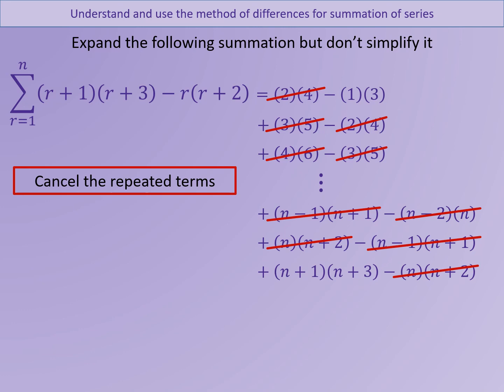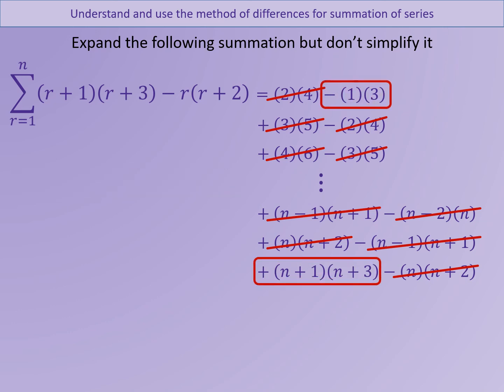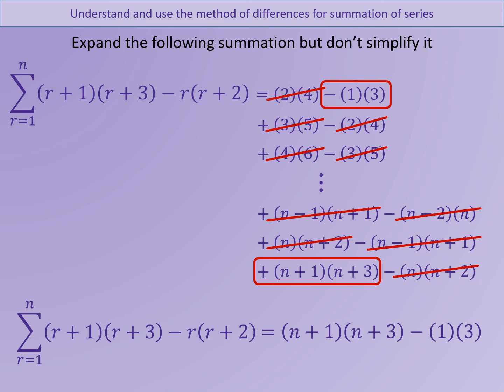So the only 2 terms in this entire summation that have not cancelled is the minus 1 times 3 on the top row and the n plus 1, n plus 3 on the bottom row. So those 2 are left, leaving us just with n plus 1, n plus 3, take away 1 times 3, which is 3, which multiplies out and simplifies to n squared plus 4n.